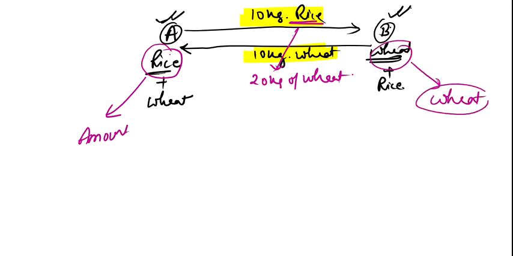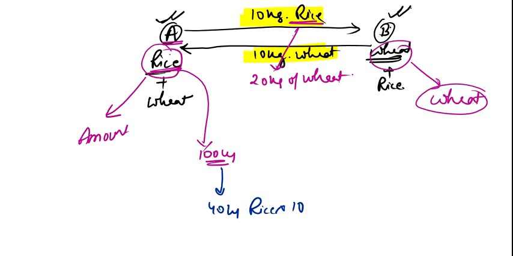Suppose Mr. A got a production of 100 kg of rice and he needs only 60, so he has 40 extra. So he can sell the 40 kg of rice in the market.